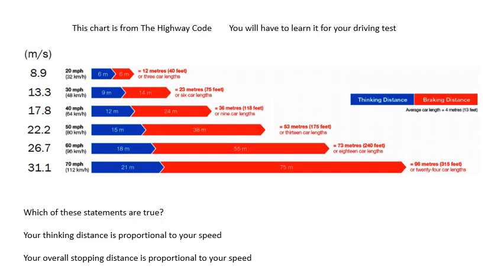The overall stopping distance is proportional to your speed, and that is no. If you double your speed, if you look at from 20 to 40 miles an hour, you go from 12 to 36. That's 3 times bigger, not double. So it is more than proportional. There's a big effect on your stopping distance by your speed.